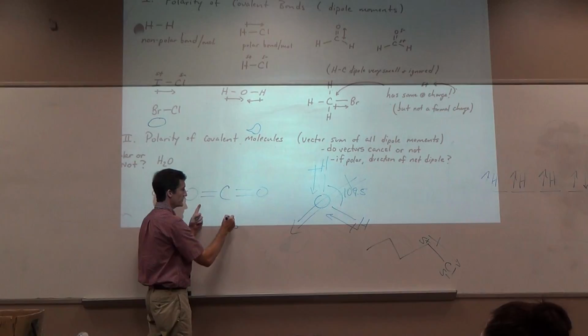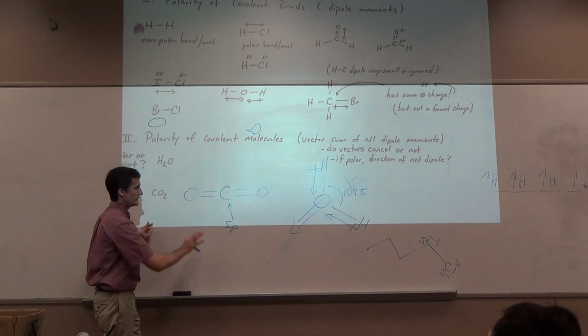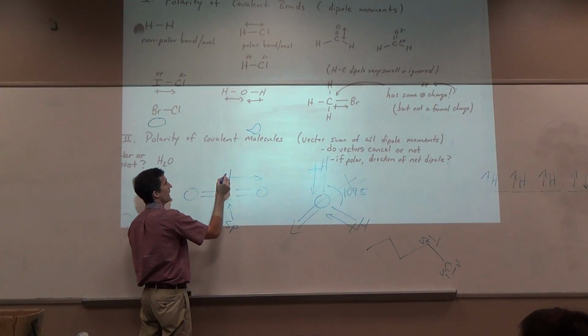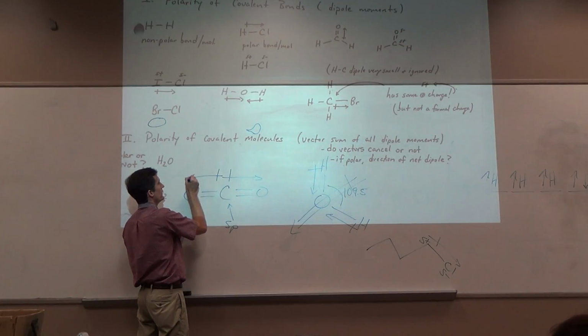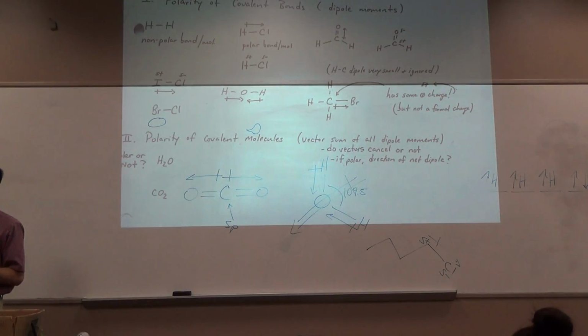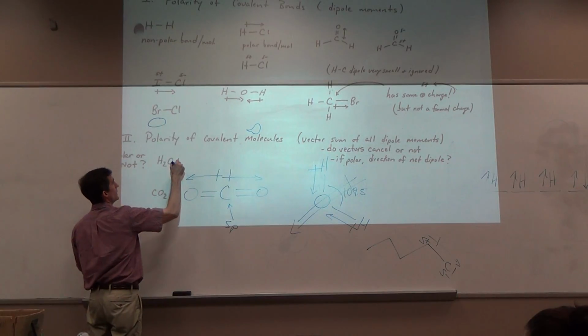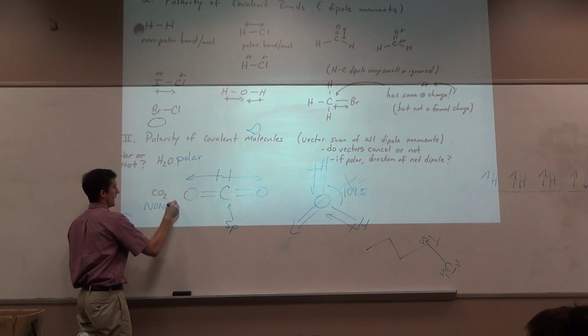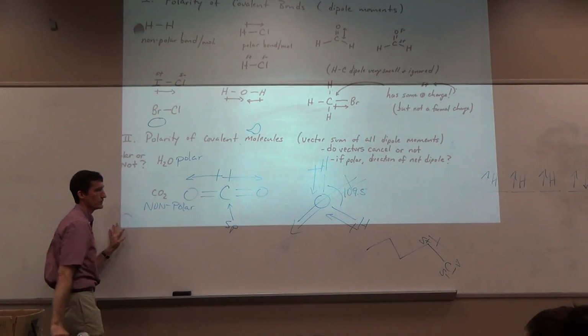Okay, this carbon's sp. It's linear. You have a dipole here, and you have a dipole here. These are equal and opposite, and they're canceling out, making CO2 overall non-polar.